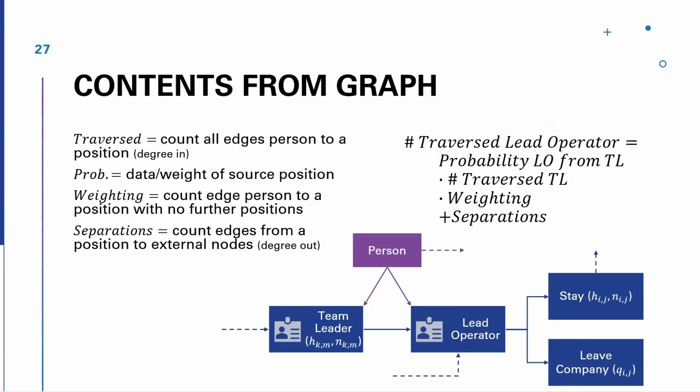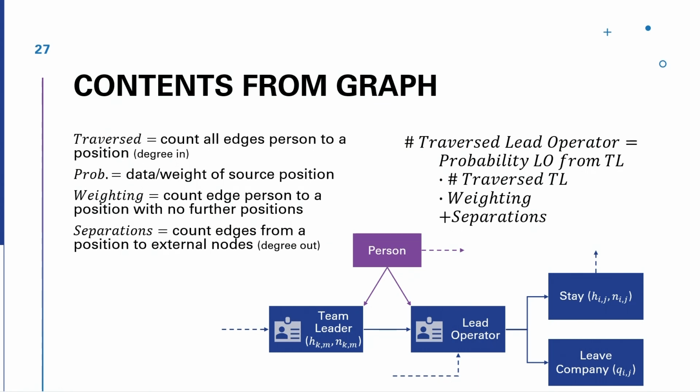The probability is using our data or weight of a particular source position. So it's saying that I've analyzed my graph and 30% of my lead operators come from the trade leader position. The weighting, in this case, we ended up using the number of edges of a person that ends at a given position.